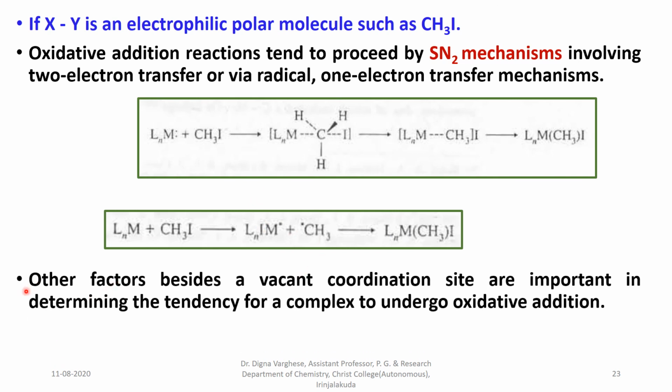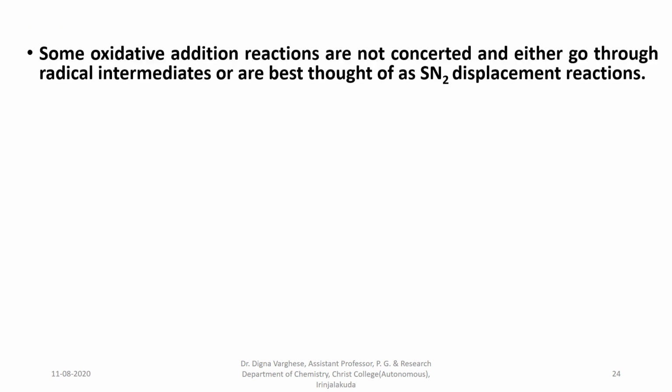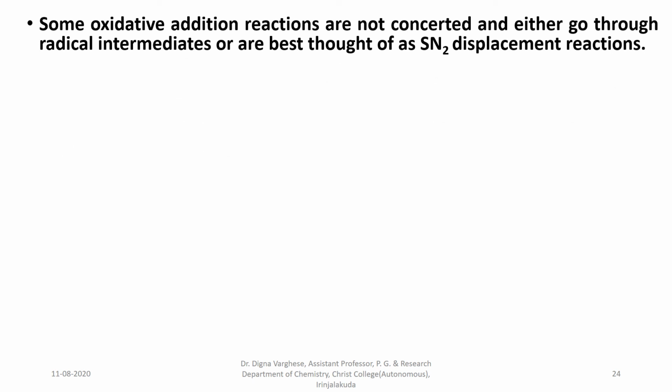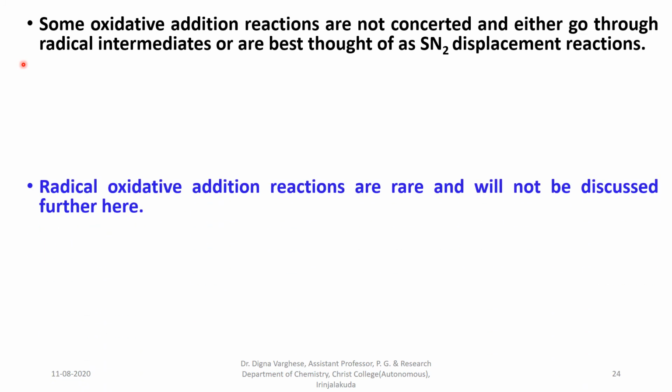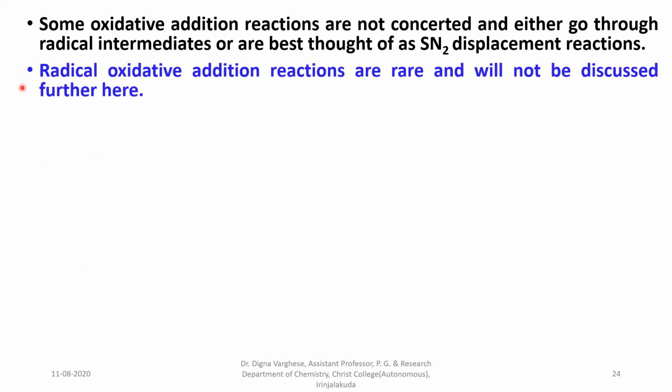Other factors besides a vacant coordination site are important in determining the tendency for a complex to undergo an oxidative addition reaction. Some oxidative addition reactions are not concerted and either go through radical intermediates or are best thought of as SN2 displacement reactions. Radical oxidative addition reactions are rare and will not be discussed further here.